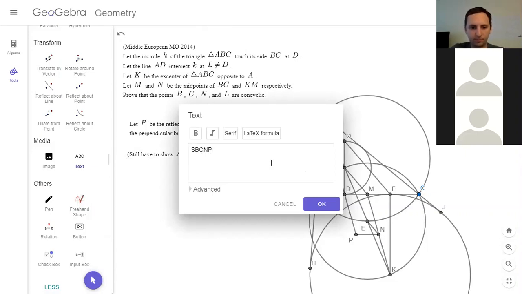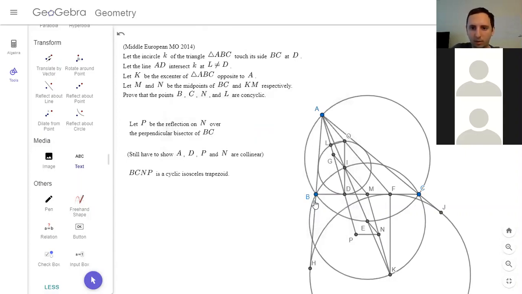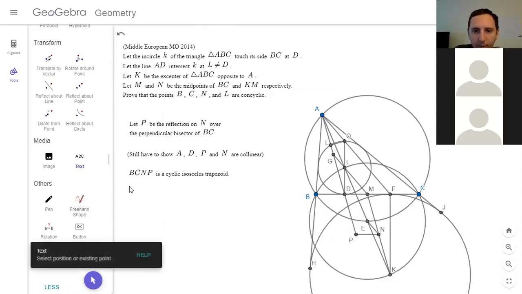Therefore, we could try to show ABPC is cyclic. Or I'm sorry, LBPC is cyclic. And we could show by an angle chase that triangle LOD is similar to FMK. Let me just type out some stuff here.